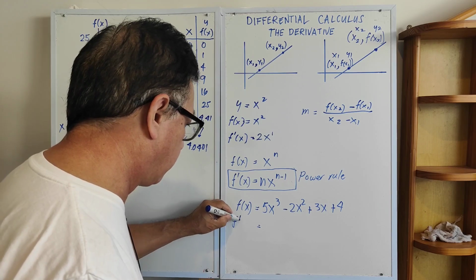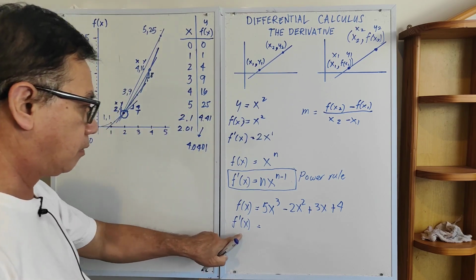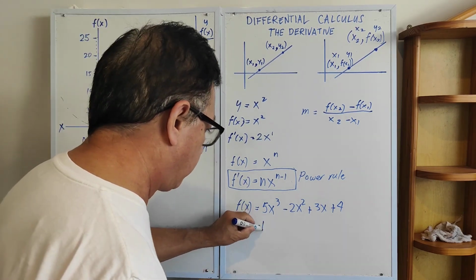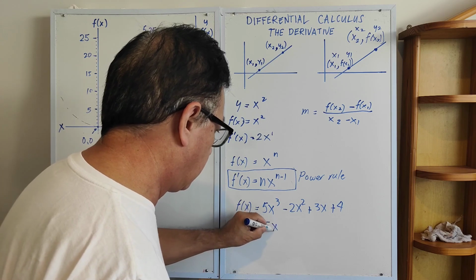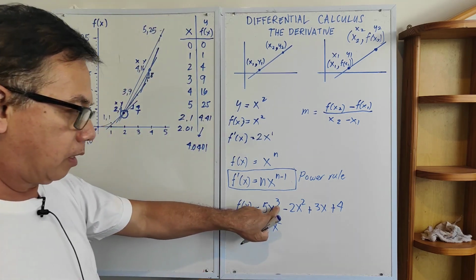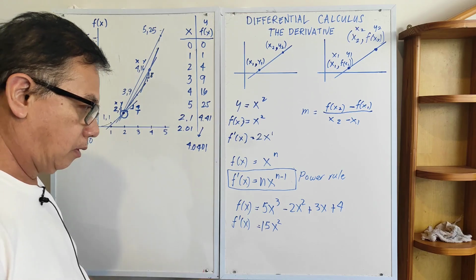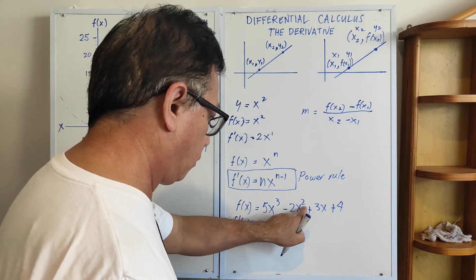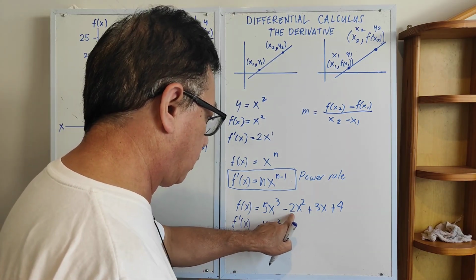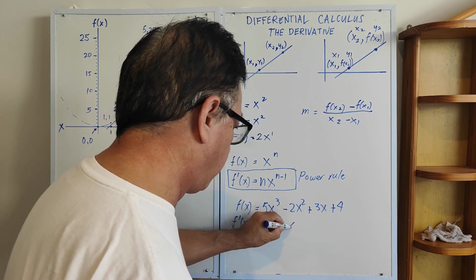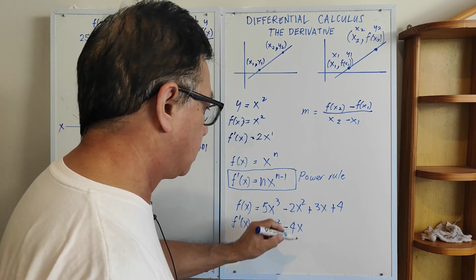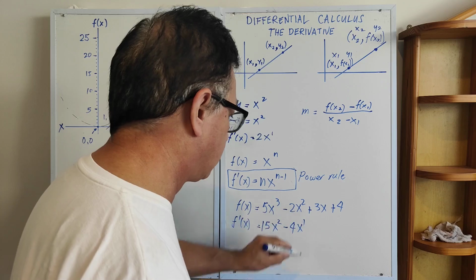So this is your f prime of x, your derivative already. This becomes 15x squared. You subtracted 1 from 3, it became 2. Now the 2 goes to the front, multiplied by 2, it will become 4x. So 2 minus 1 is 1, so 2x to the 1.